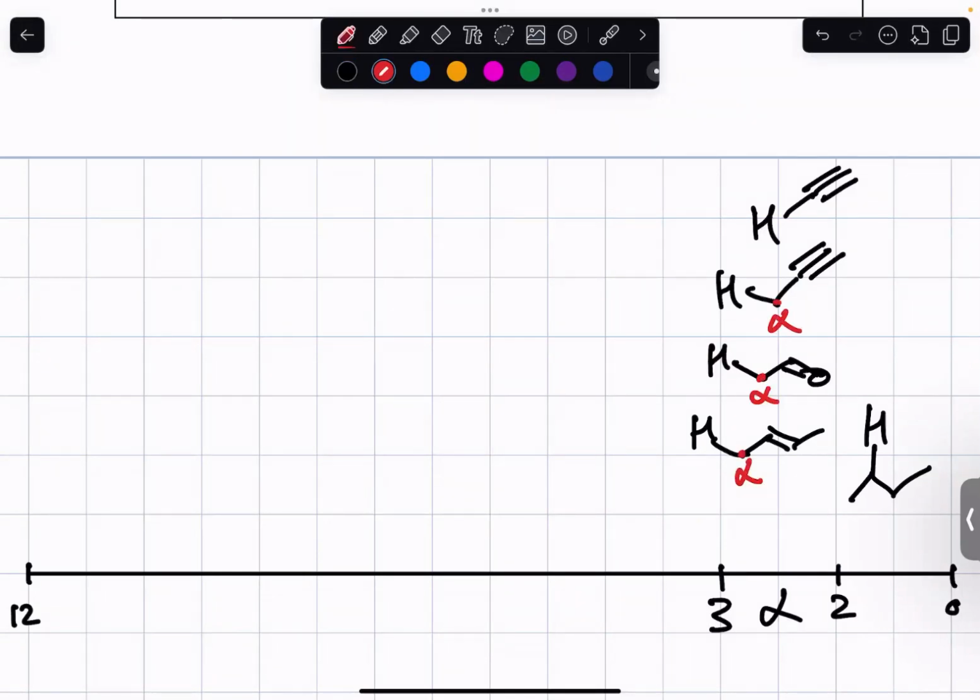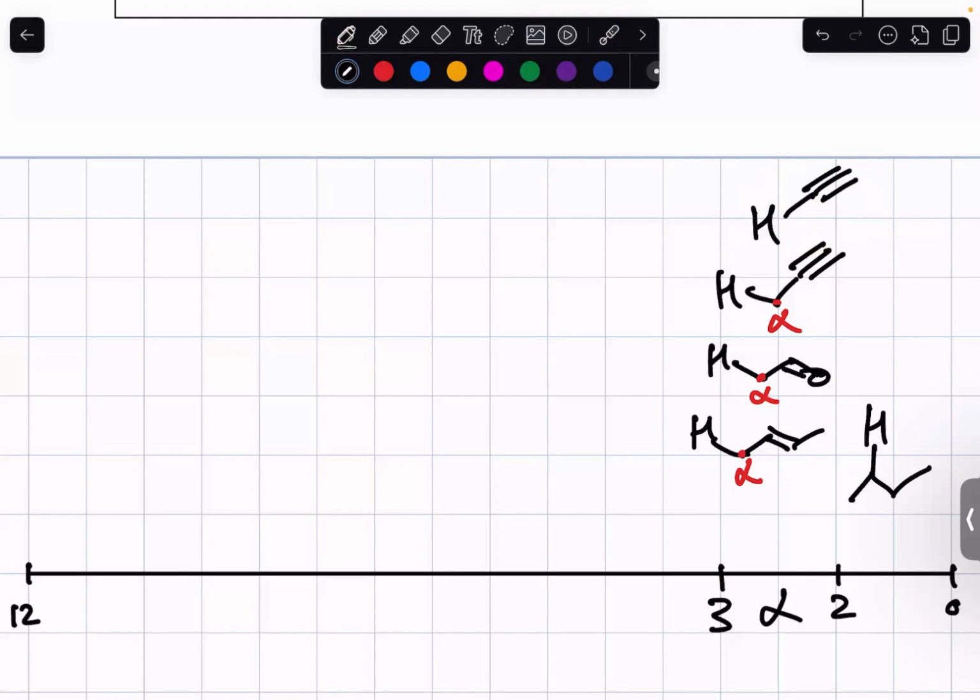They're one carbon away from a pi bond, a double bond like alkene or carbonyl or triple bond. All these alpha carbons, where the hydrogen is at, are going to be between 2 and 3. It could even be a terminal alkyne hydrogen, right? This is not an alpha carbon here, but that terminal alkyne hydrogen is going to show up between 2 to 3, like that.